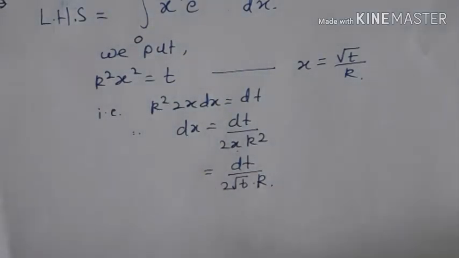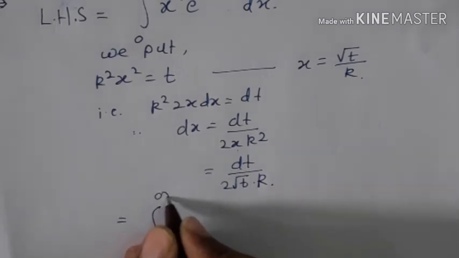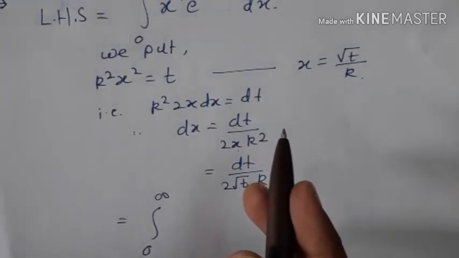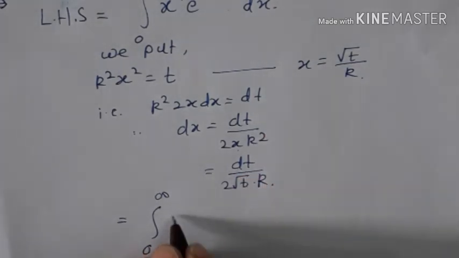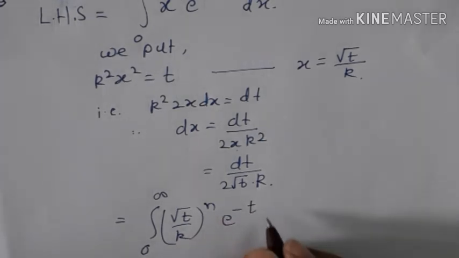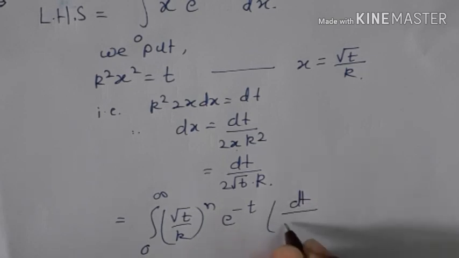So putting all these in the integral, we get the integral from 0 to infinity of root t by k whole to the power n, e raised to minus t, and dx is dt divided by 2 root t into k.